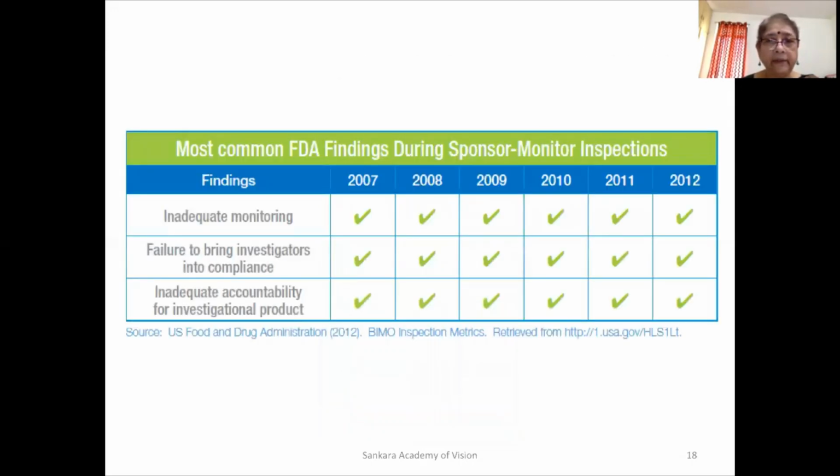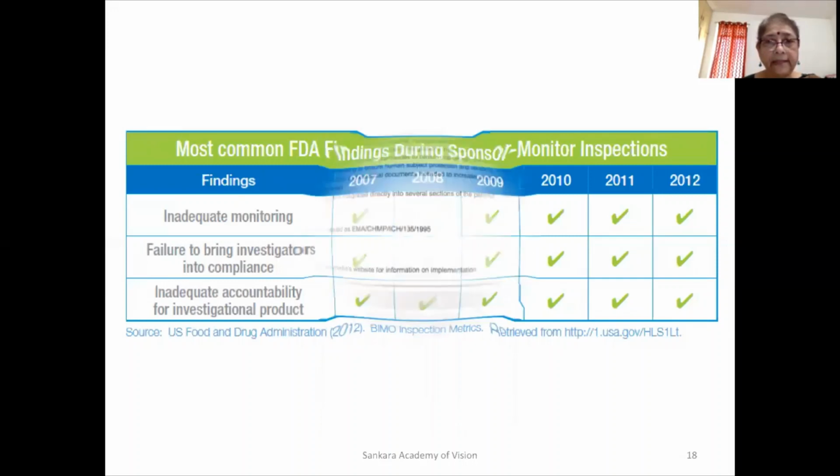Even in US, they found that there was inadequate monitoring. They studied it from 2007 to 2012. So there was inadequate monitoring, failure to bring investigators into compliance, and inadequate accountability for investigational product.